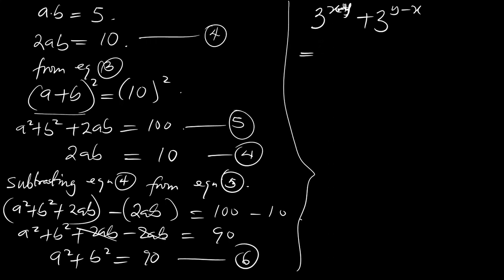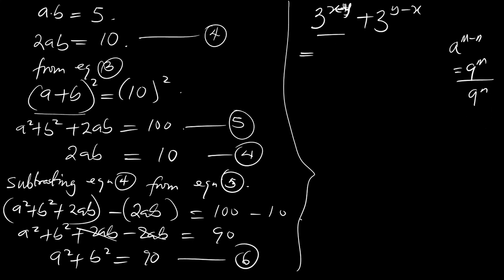Now 3 to the power x minus y, according to the law of indices, a to the power m minus n is the same thing as a to the power m divided by a to the power n.